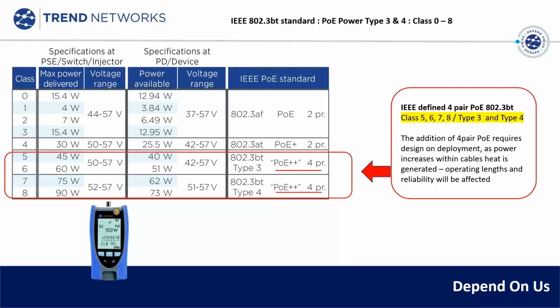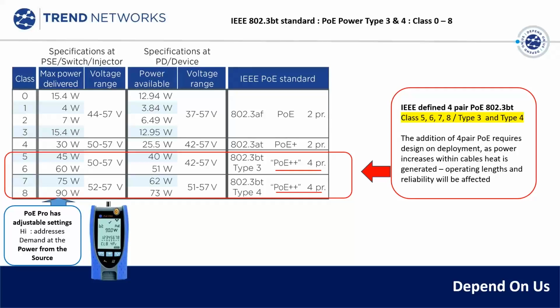We need the balance. If we do that, you can imagine there's going to be power from the source device. Okay, and this is how the standards work. So the IEEE created 802.3bt, which has a class system from 0 to 8. And it's from class 5 to 8, which is highlighted now, where we start seeing 4-pair PoE come into play.